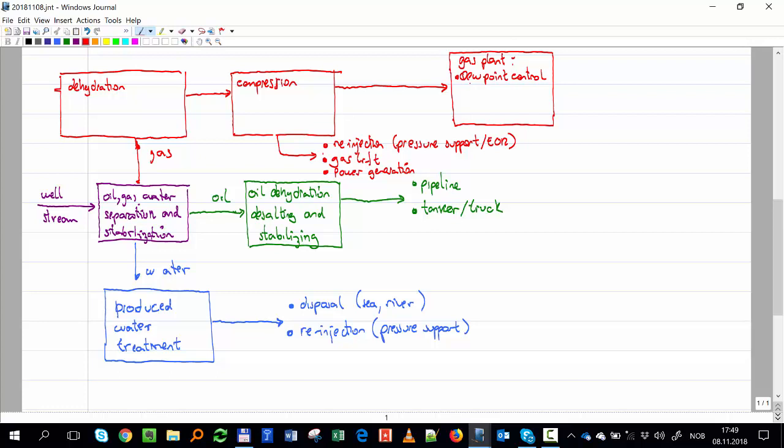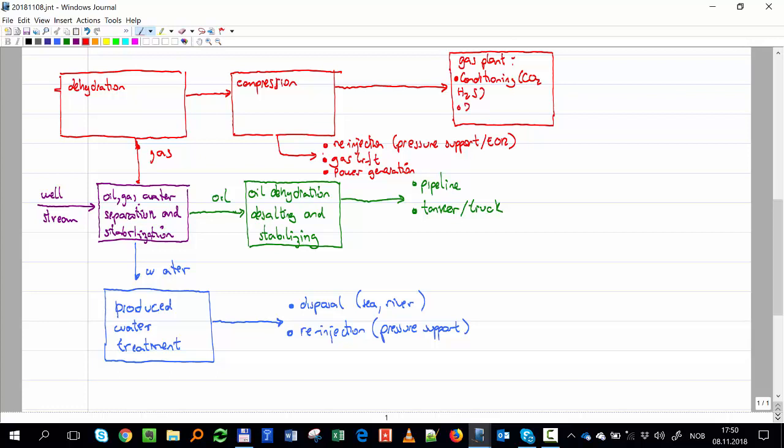Well, I'm going to put them in order. First is conditioning, then dew point control. Conditioning means removing all the undesired components that you don't want. Basically, we are talking here about CO2 and H2S, undesired components that can cause a lot of problems later. They cause health issues, they cause corrosion.